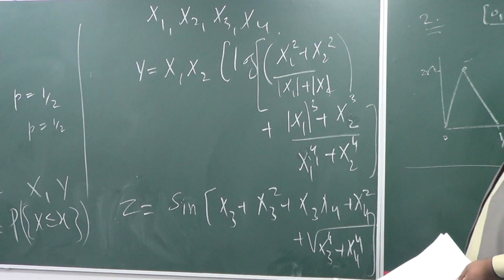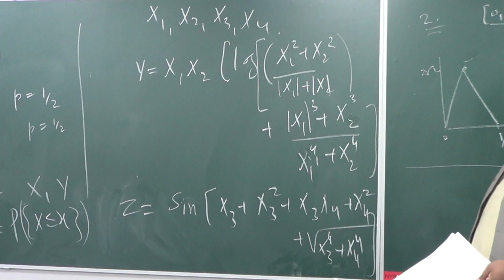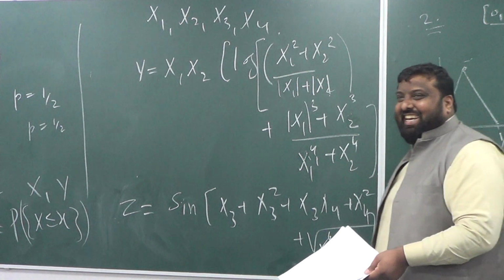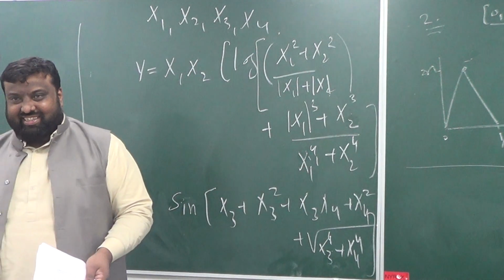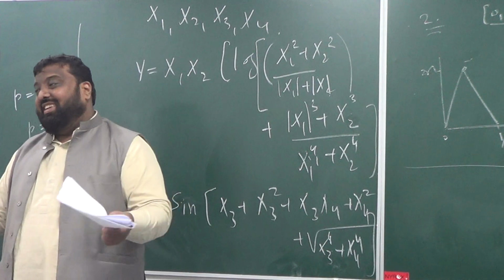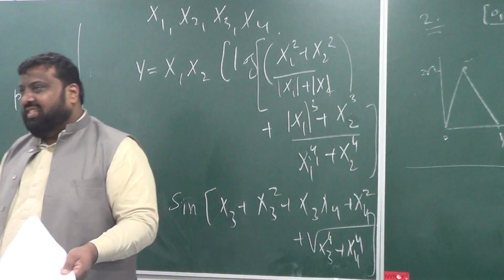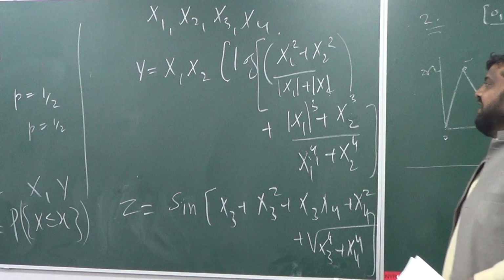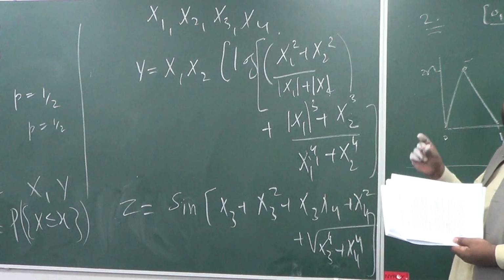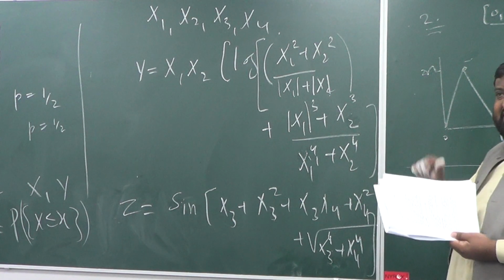I can make your life more miserable. I can write something even more crazy actually. You can say that, okay, check the independence. So in measure theory, like that. Okay?